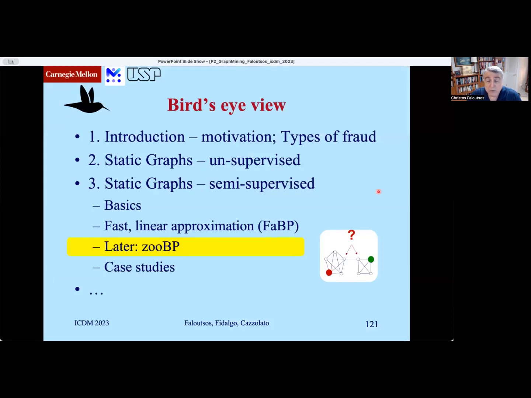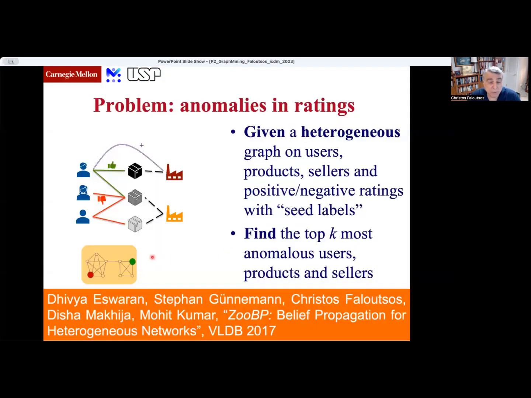However, we can generalize it even further for the case of heterogeneous graphs. The fast BP that Danai developed works on a homogeneous graph. Every node is of the same type, humans, every edge of the same type, connection, and we have only two labels, red and green. What happens if we have a heterogeneous graph?